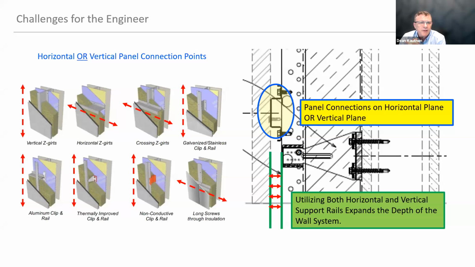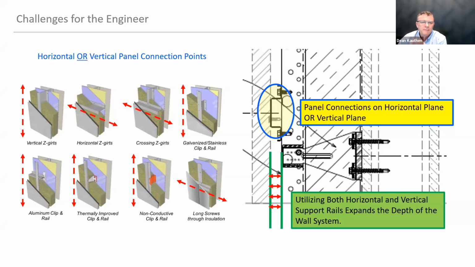And some of those ways would just be with your standard vertical or horizontal Z-girts, or you might see the vertical Z-girt with crossing girt, or a clip and rail system, or a variety of thermally improved systems. So there's many.